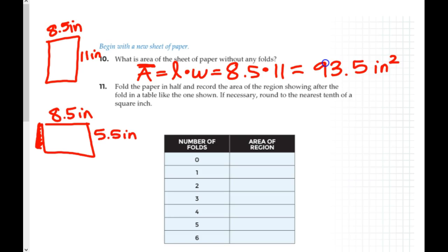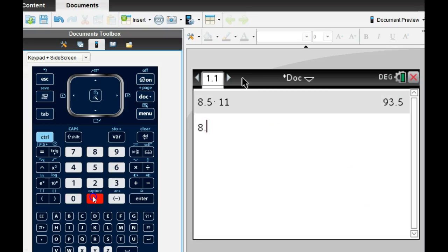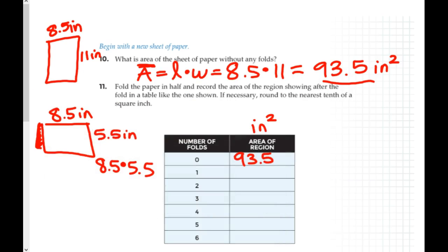Okay, so for zero folds we said was 93.5. Before you fold it, it's 93.5 inches squared. I'm just going to put inches squared on top, so I don't have to write it every time. After one fold, what I'm multiplying is now 8.5 times 5.5. Well, what is 8.5 times 5.5? Boom. 46.75.